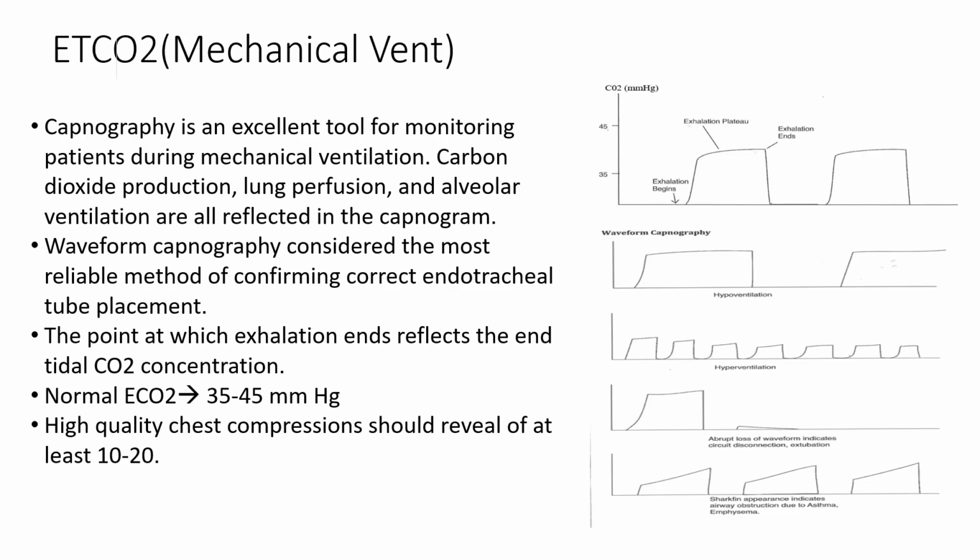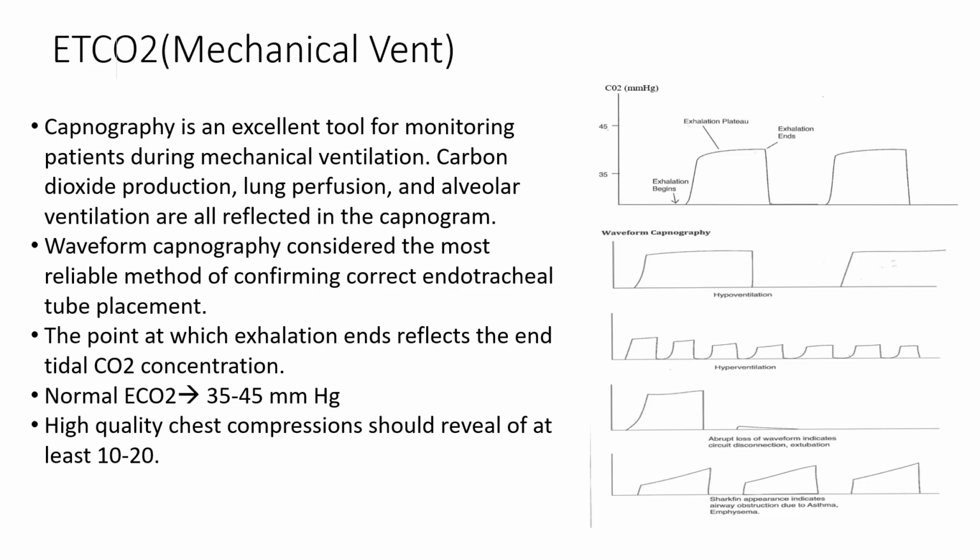Capnography also helps us assess ventilation status. A high end-tidal CO2 suggests hypoventilation or CO2 retention. A low end-tidal CO2 suggests hyperventilation or poor perfusion. And during CPR, just a little tidbit, end-tidal CO2 is essential. High quality chest compressions typically generate an end-tidal CO2 of 10 to 20 millimeters of mercury.